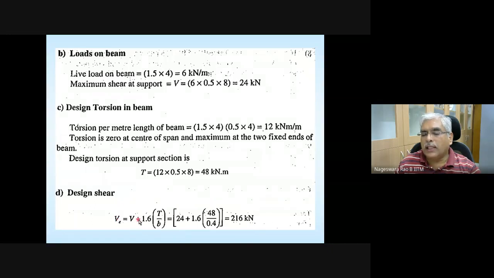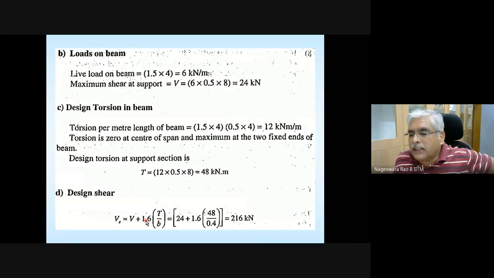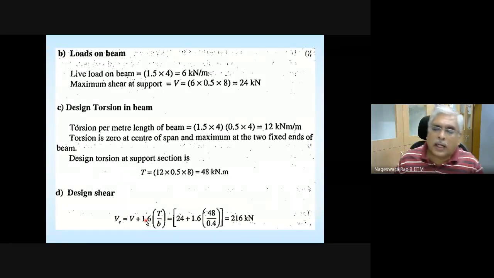Is it clear? And this relation is given in IS 456 under limit state of collapse, under torsion. Is it clear? The key point you need to pay attention to is how to calculate the torsional moment.